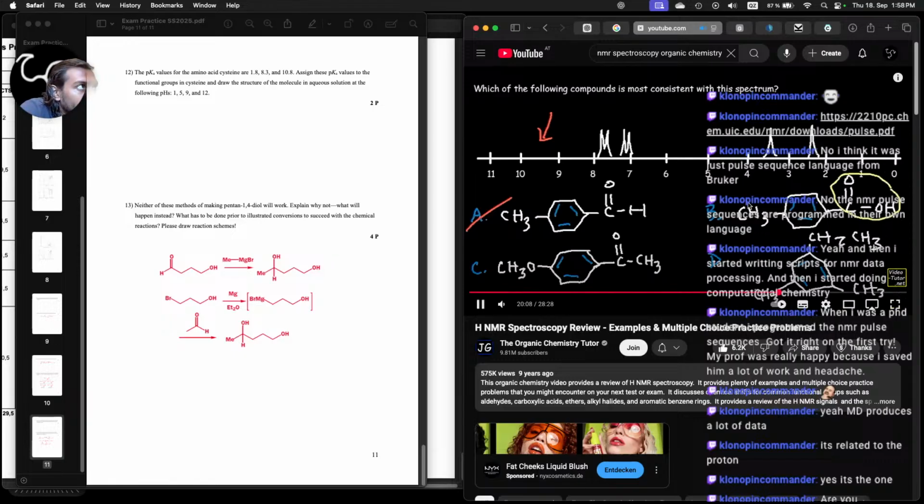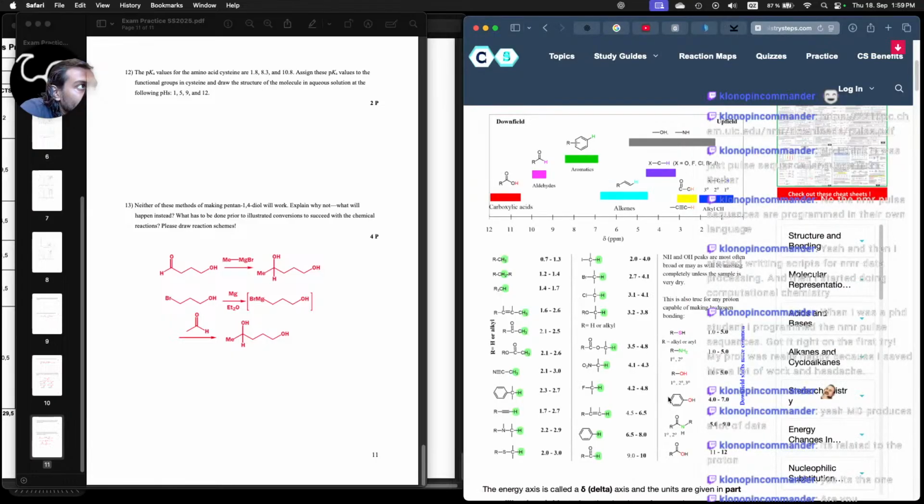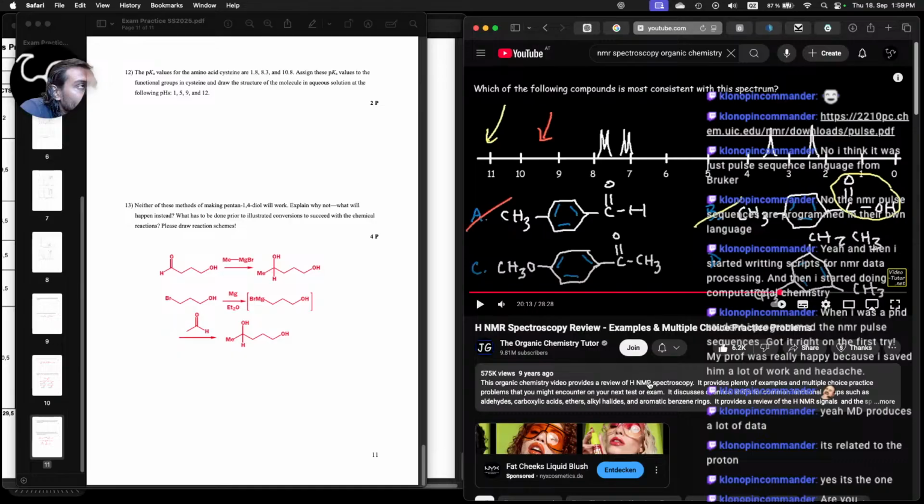For a carboxylic acid, we should get a signal between 10 and 12, which should be somewhere in this region. And since we don't have that, B cannot be the right answer.